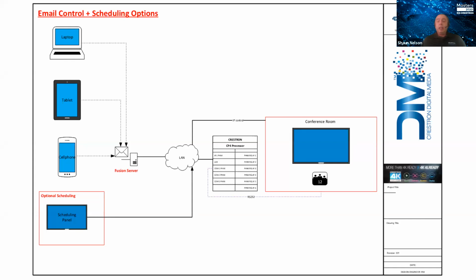And it's kind of neat because Fusion can still do what it does best, schedule everything based on an email, etc., but it can then hand that information off to the 4 series processor, which can dissect that further. So you can know who's going to be attending the room. You can base your configuration for a multi-use room on whatever configuration they set in the email if they have a multi-purpose room.